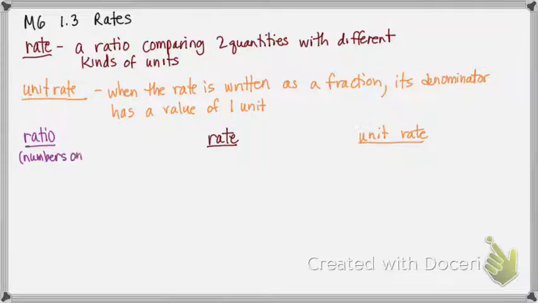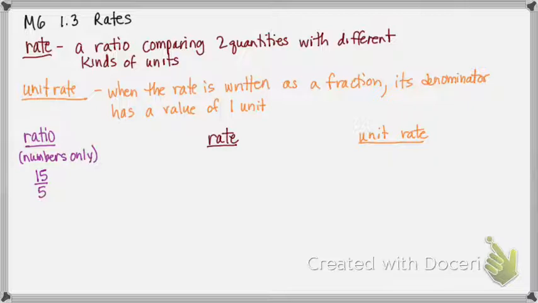And the reason why there's no labels is because the labels are the same and they cancel each other out. So you would have feet over feet, so there would be no label. So for example, we would have 15 over 5, okay? Now, you would probably say, Ms. Rosner, you forgot to do something. We're supposed to reduce ratios to lowest terms. You're right. But for this purpose, we're going to keep those numbers the same because I want you to see how they change when they become a rate and a unit rate, okay?